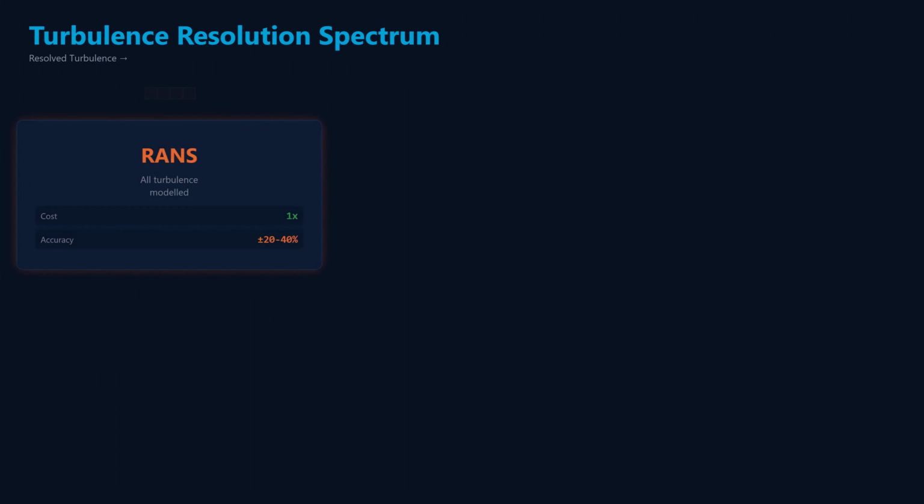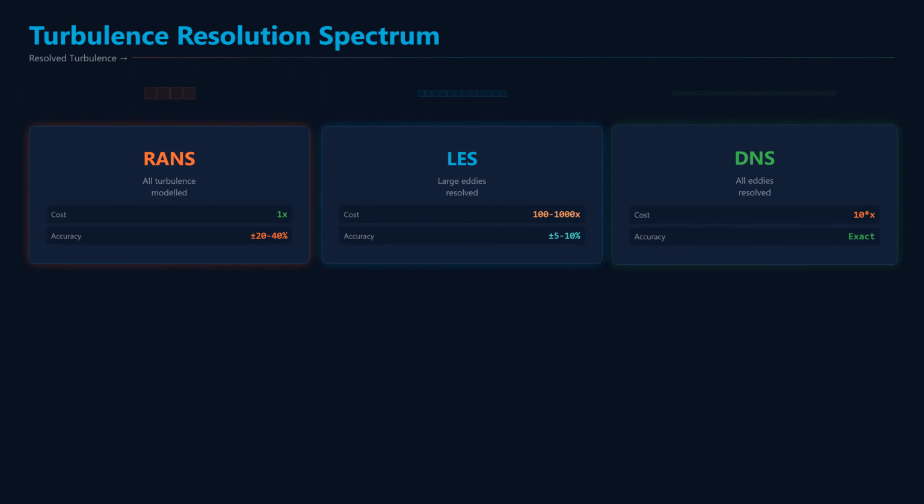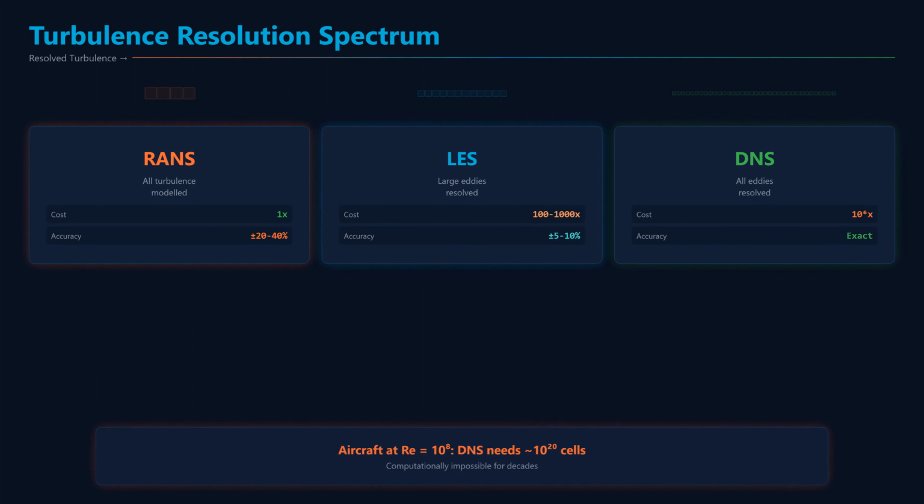Why not resolve turbulence directly? DNS, direct numerical simulation, resolves every eddy down to the Kolmogorov scale. No modeling. But for an aircraft at Reynolds number 100 million, you'd need 10 to the power 20 cells. The world's computing power can't run that. Large eddy simulation is the middle ground.